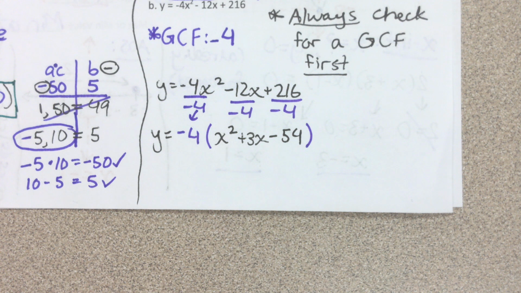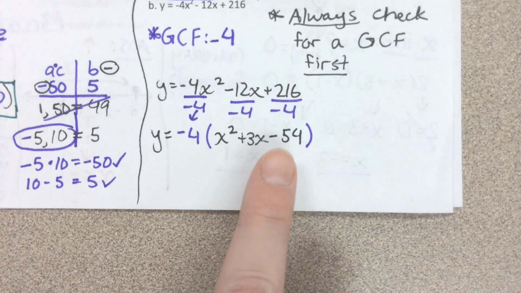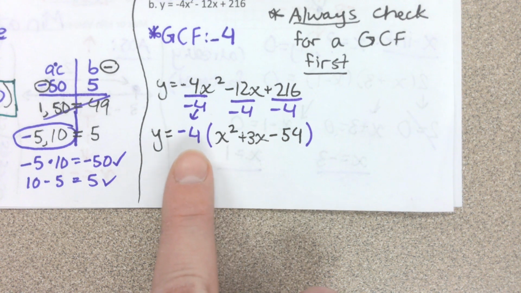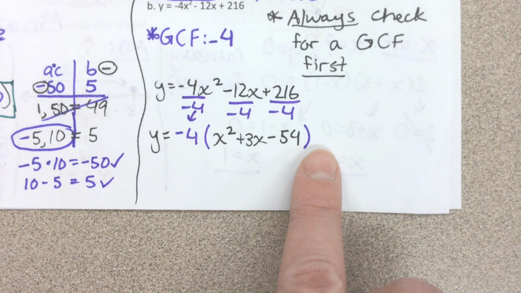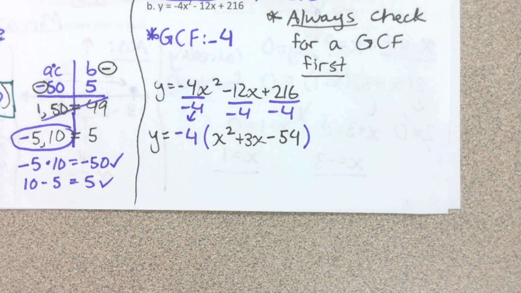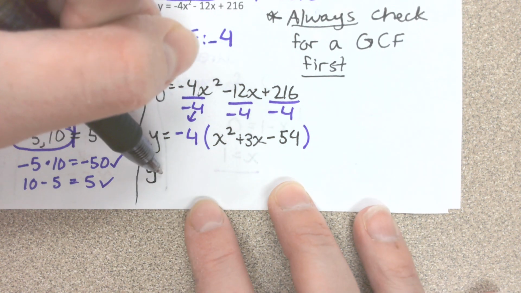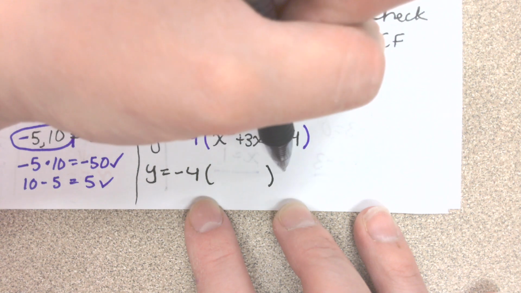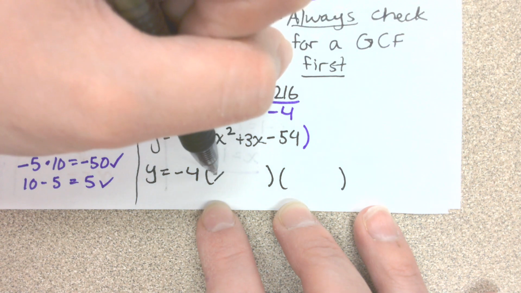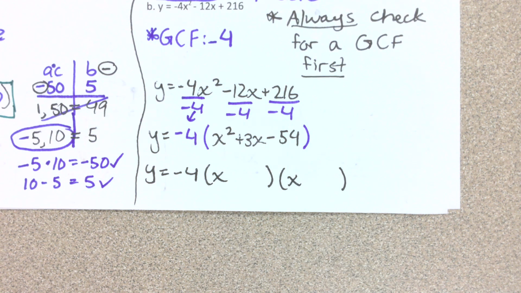Now we can factor. When we factor, we're factoring what's inside of the parentheses, and negative 4 is just coming along for the ride. So we have a trinomial here, 3 terms, ACB chart. Let's bring down y equals negative 4 and make the two factors. We have our x's in the front per usual.